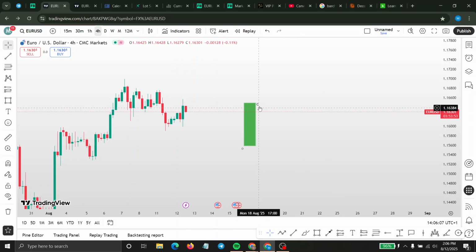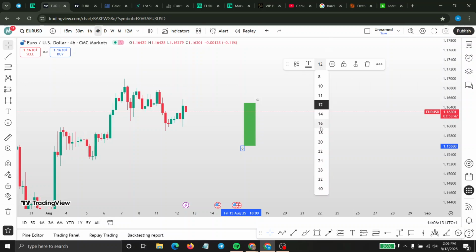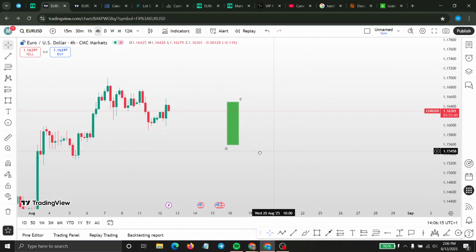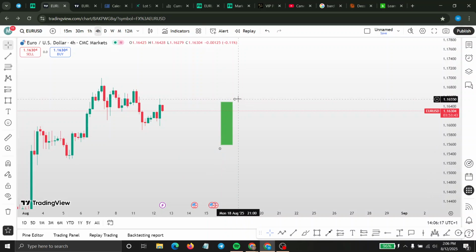You can see it opens at the bottom here and it closes here.